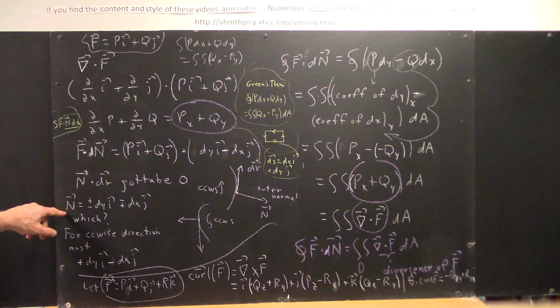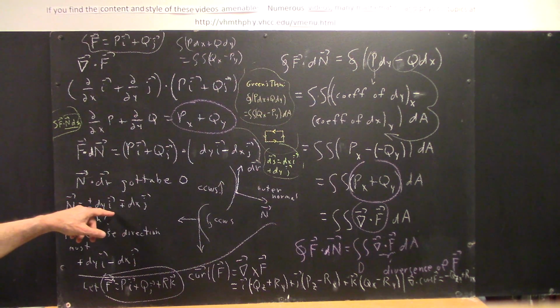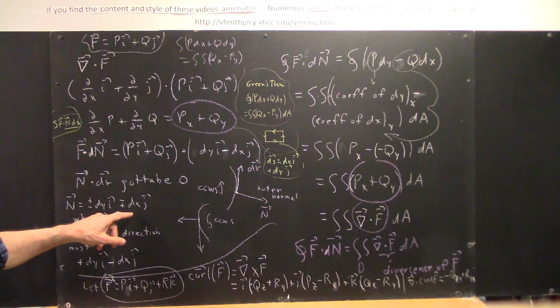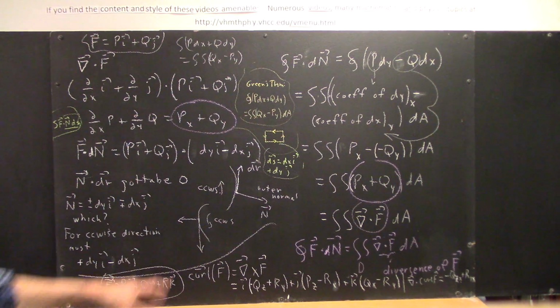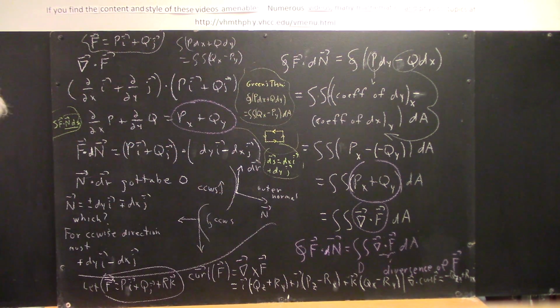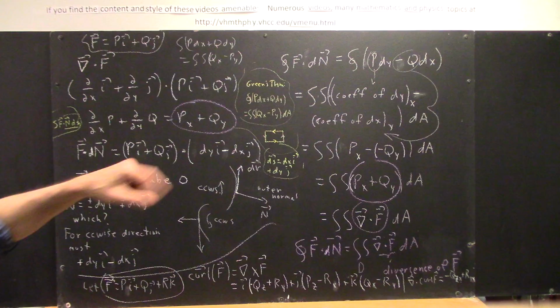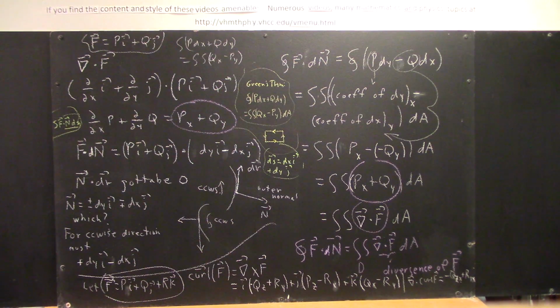So the normal's got to be either plus or minus dy i and a minus or plus dx j. If this is plus, this is minus; if this is minus, this is plus. So I just explained sort of why we choose the plus on the dy and the negative on the dx. I don't want to say too much more about that. That's what we do.